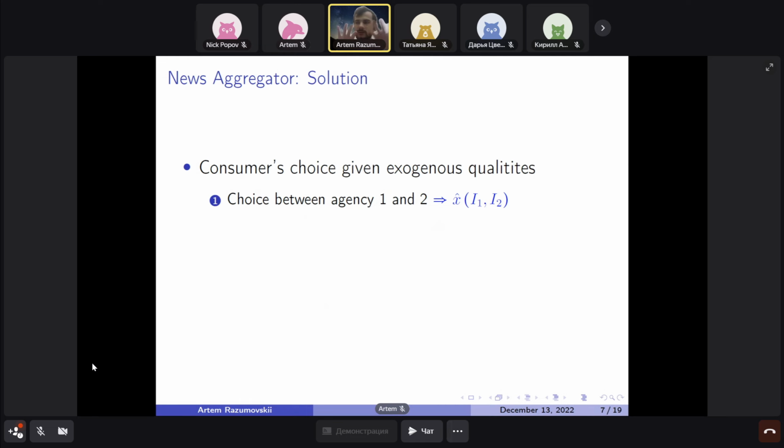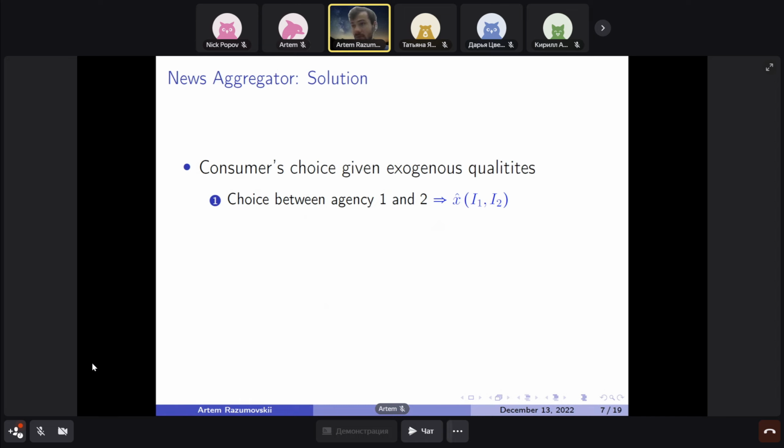So in case of two agencies and no aggregator, you will just have the same model, so that you have preferences across the agencies. They produce some quality, and you will divide your agents between two agencies, with the indifferent one placed in between.